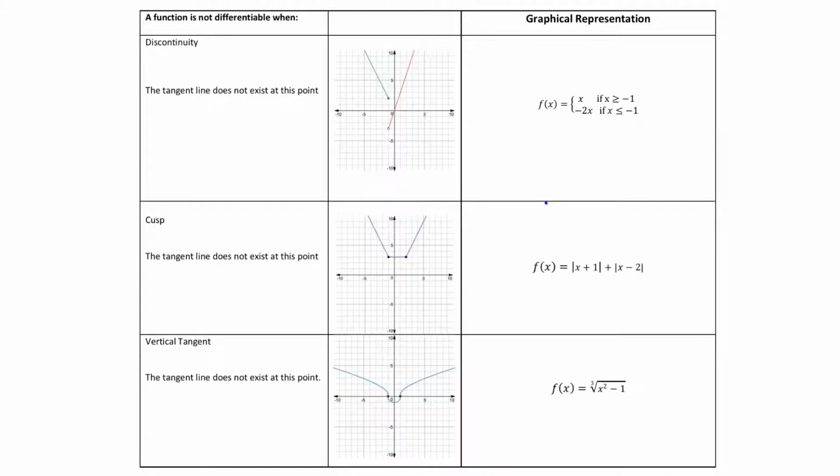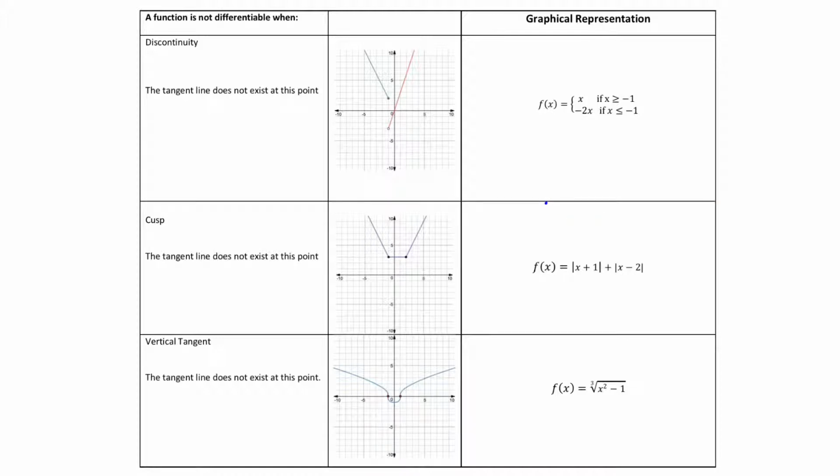The derivative of a function does not exist at a point of discontinuity. If the function is discontinuous at x equals a, the derivative of f of x does not exist at x equals a.